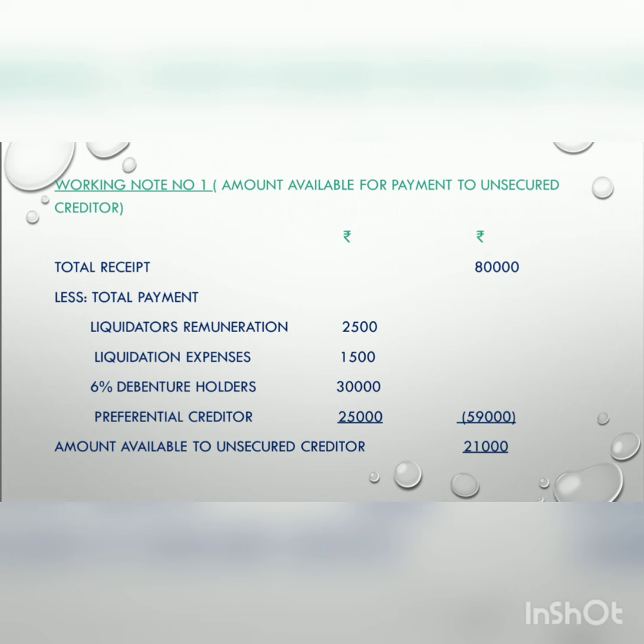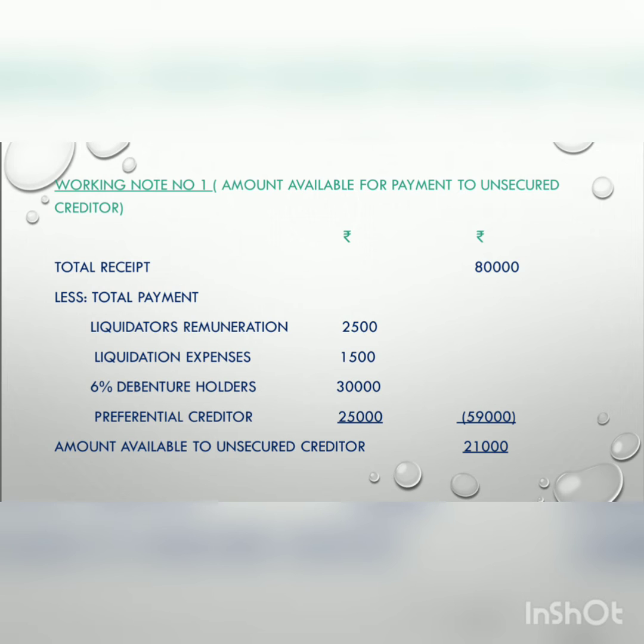Working note number 1 is prepared to find out the amount available for payment of unsecured creditors. For that, we need to deduct total payment from total receipt. The total receipt of the company is rupees 80,000.